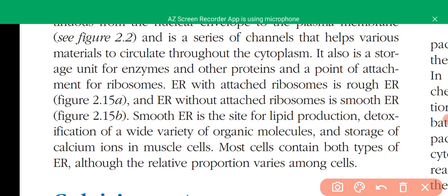It also stores calcium ions in muscle cells. In muscle cells, smooth endoplasmic reticulum is called sarcoplasmic reticulum, and most cells contain both smooth and rough endoplasmic reticulum.